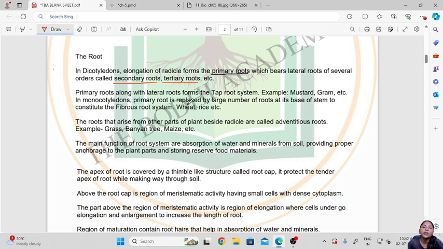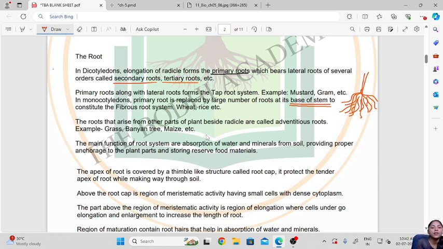Then in monocotyledonous plants, the primary root is replaced by a large number of roots at the base of the stem. At the base of the stem, a large number of roots are present like this. This is the stem. A large number of roots are present at the base of the stem and these constitute the fibrous root system and this is found in the monocots.